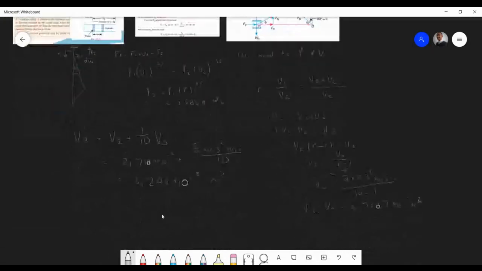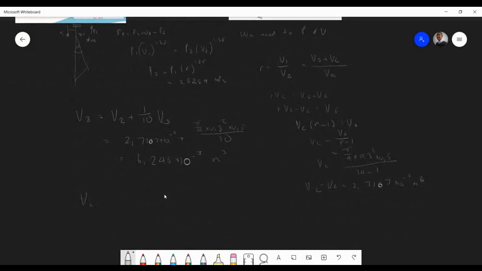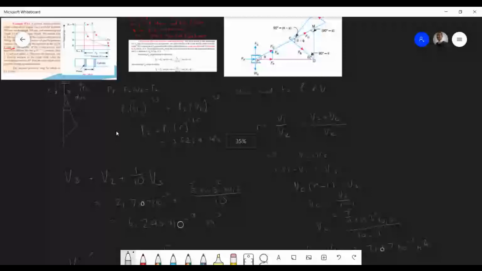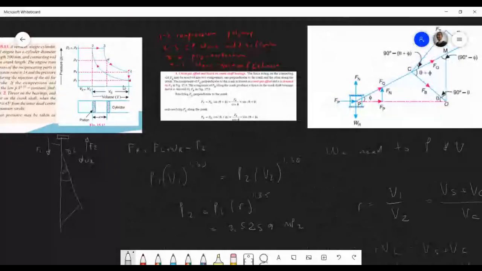Okay, so V4 prime, just check this out. It's also V2 plus pi over d squared times x. We need to find where the piston is along its length.